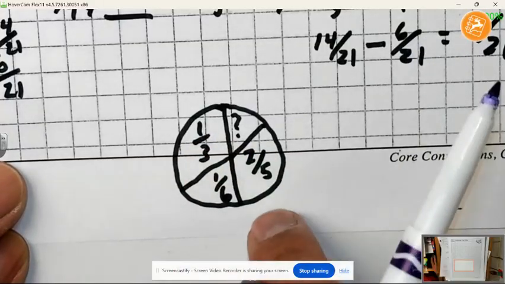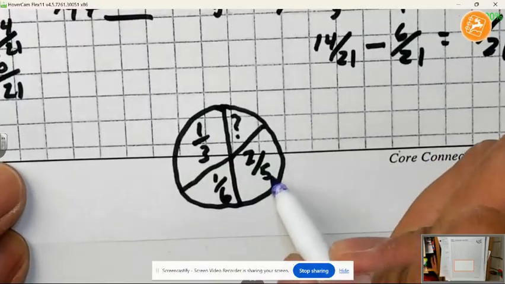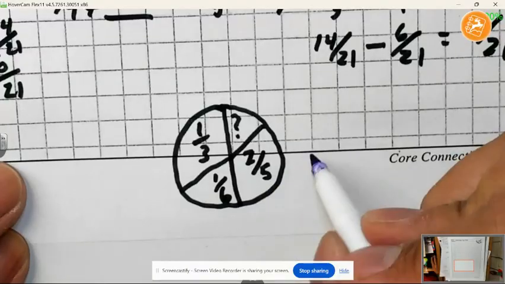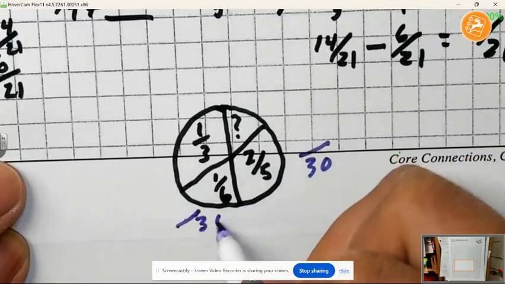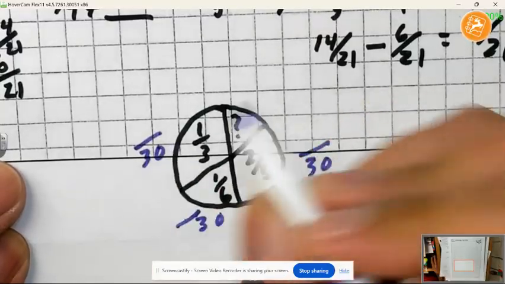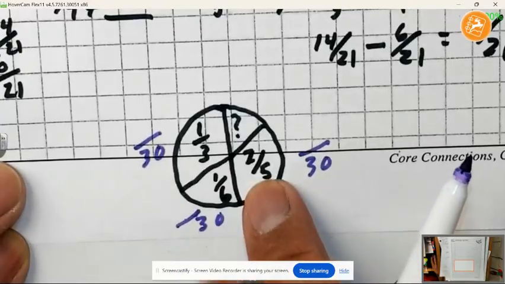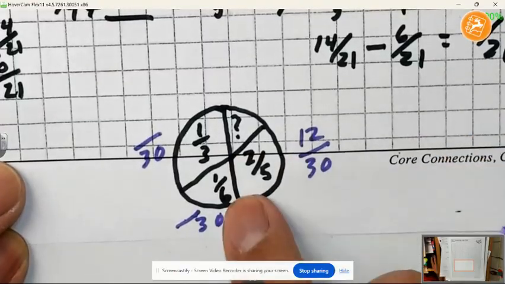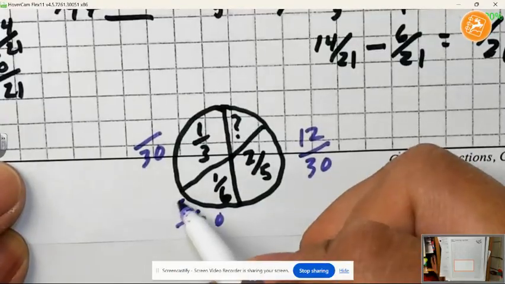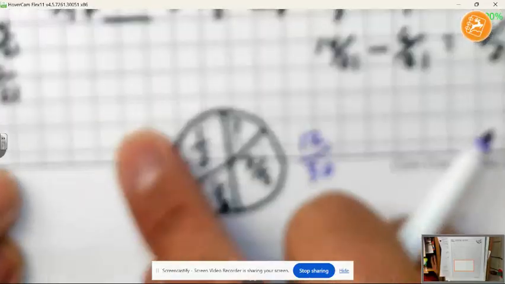The only way we can add them is to find a common denominator. The common denominator between 6, 5, and 3 is 30. So we're going to put all of these over 30 and change these using the giant one: times 6, times 5, times 10.